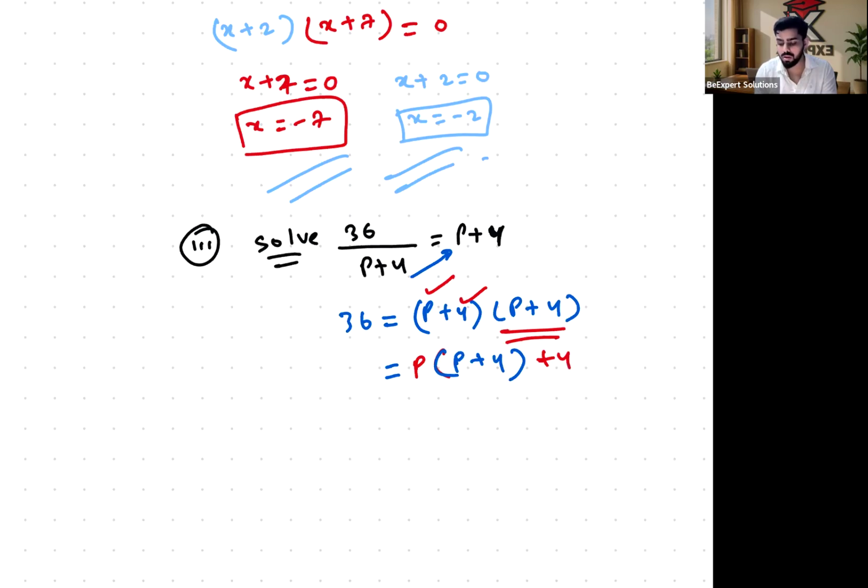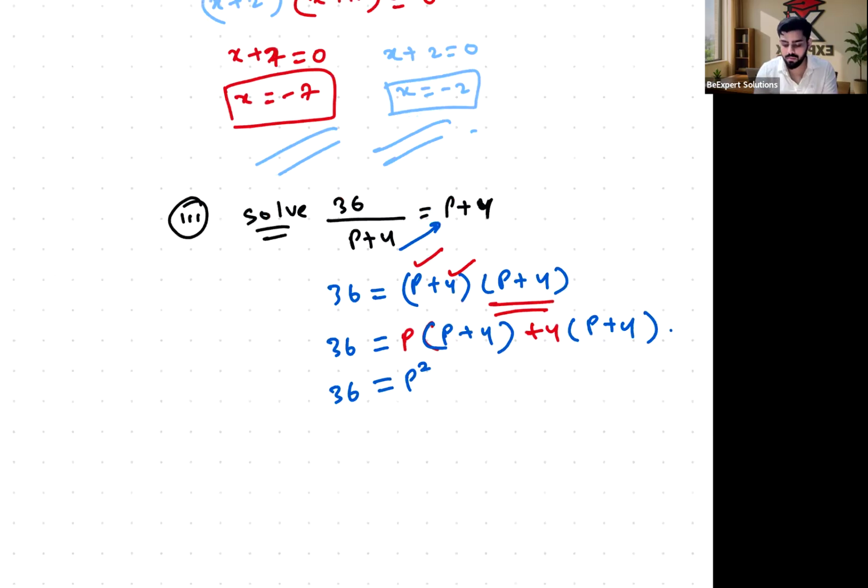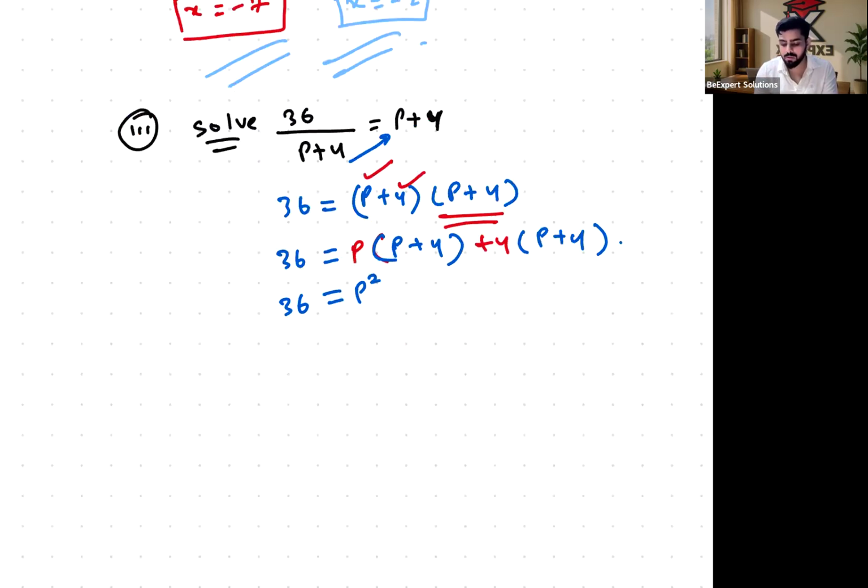Now if I multiply this, obviously 36 as it is here, it would give me simple p square, and then we have p multiplied by p plus 4p plus 4p again, and then plus 16. So that is 36 equals to p square plus 8p plus 16, you see.